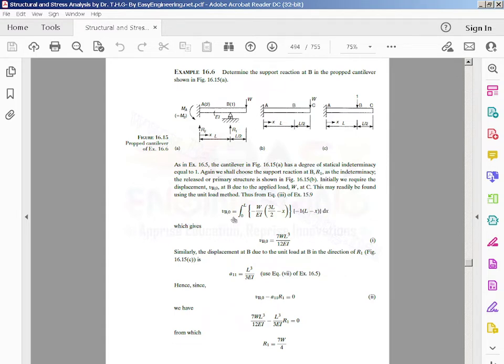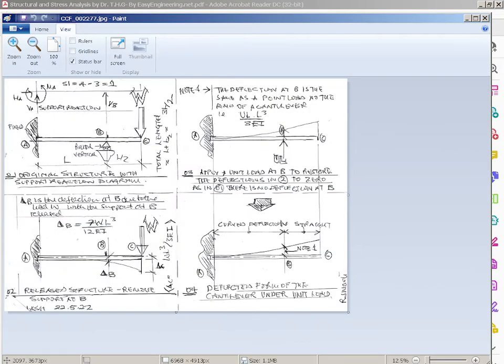What they're saying is, use this equation to find the deflection at B due to the point load at C, which is what you've got. I've drawn it again in my diagram too.